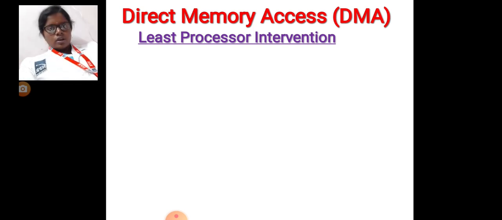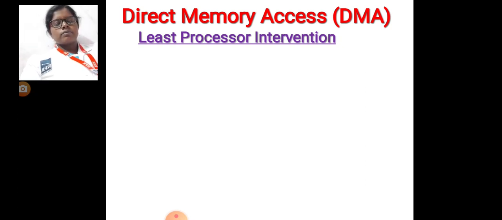DMA is used when the data transfer occurs between hard disk and system memory, when the I/O needs a large amount of data from peripheral devices to the memory addresses in the system, or when a large amount of data is to be transferred by the I/Os.